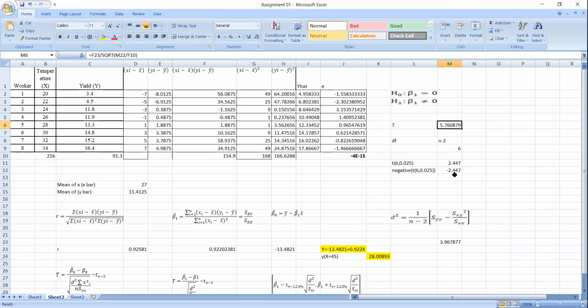If it is in between these two values, we cannot reject, but you can see this exceeds one table value, 2.447. That is, we can conclude we have enough evidence to reject H naught. So our decision is we reject H naught.